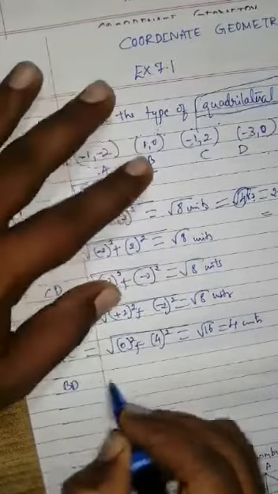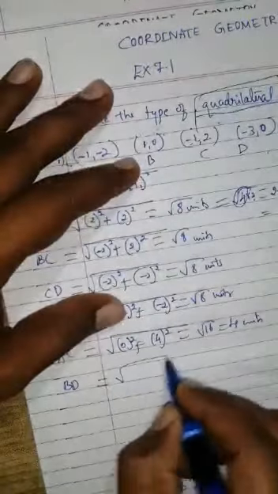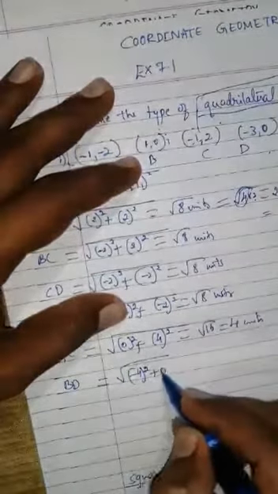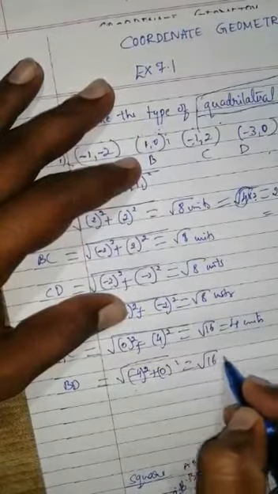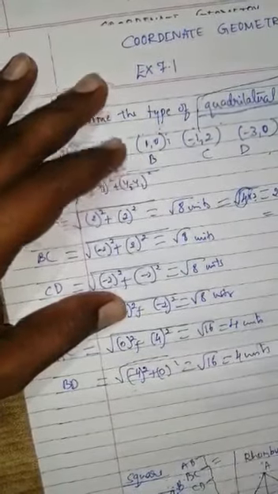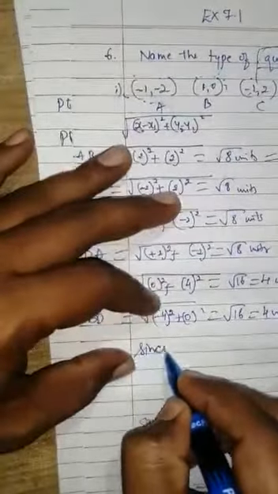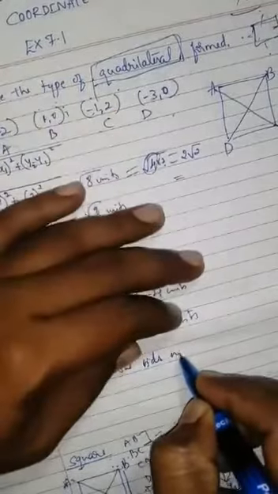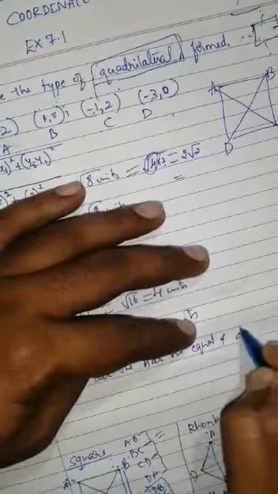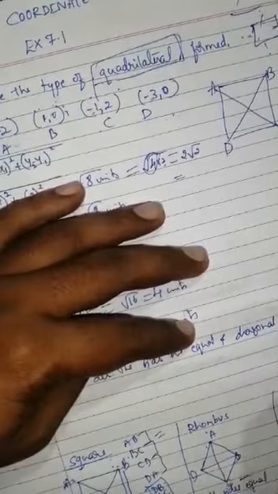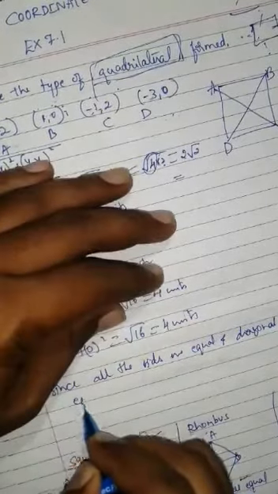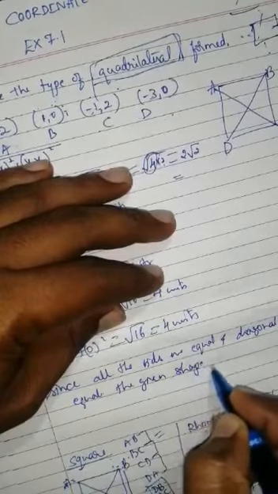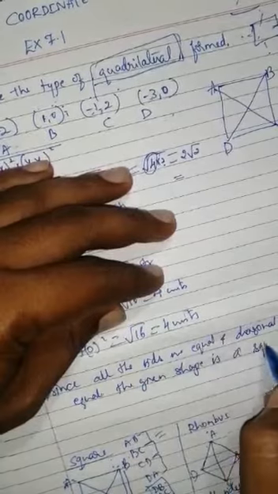Now BD: minus 3 minus 1, that is minus 4 whole square, and 0 minus 0 is 0 only. So 4 square is 16, that is 4 units. For the final statement: all the sides are equal and the diagonals are also equal, so the given shape is a square.